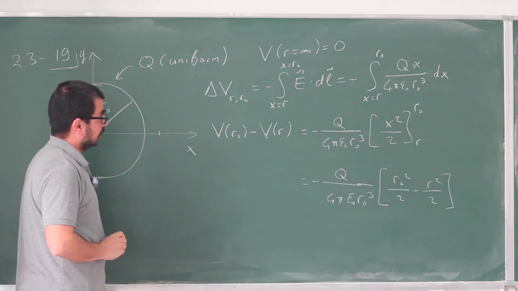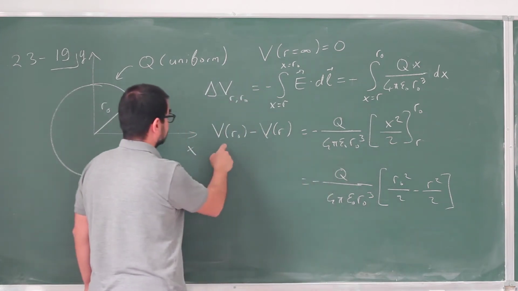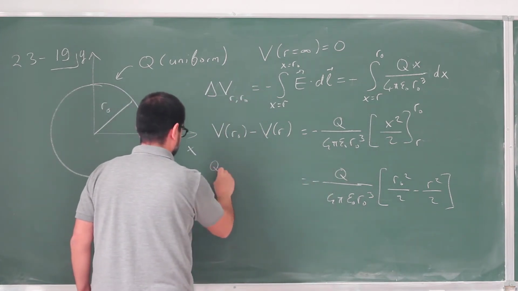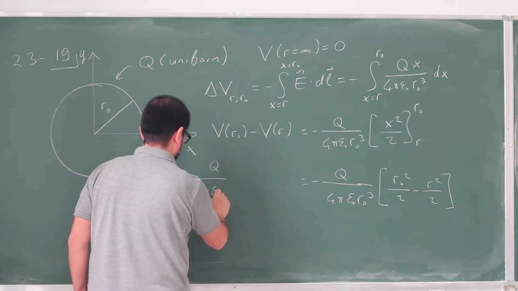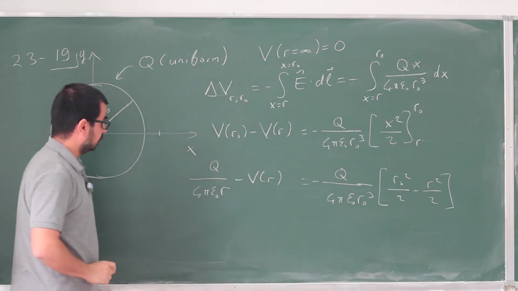Okay? And we get something very similar to, so this one is Q over 4 pi epsilon naught R0 minus V of R, what we are looking for.